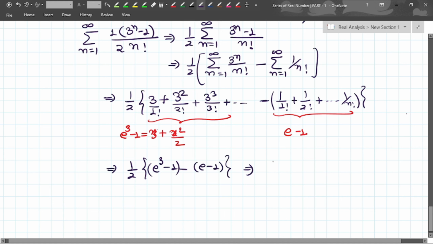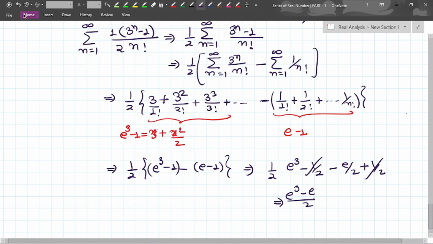This is 1 by 2 e to the power 3, minus 1 by 2, minus e by 2, plus 1 by 2. So this will get cancelled, and e power 3 minus e by 2 will be the answer of this series. So this is the result.